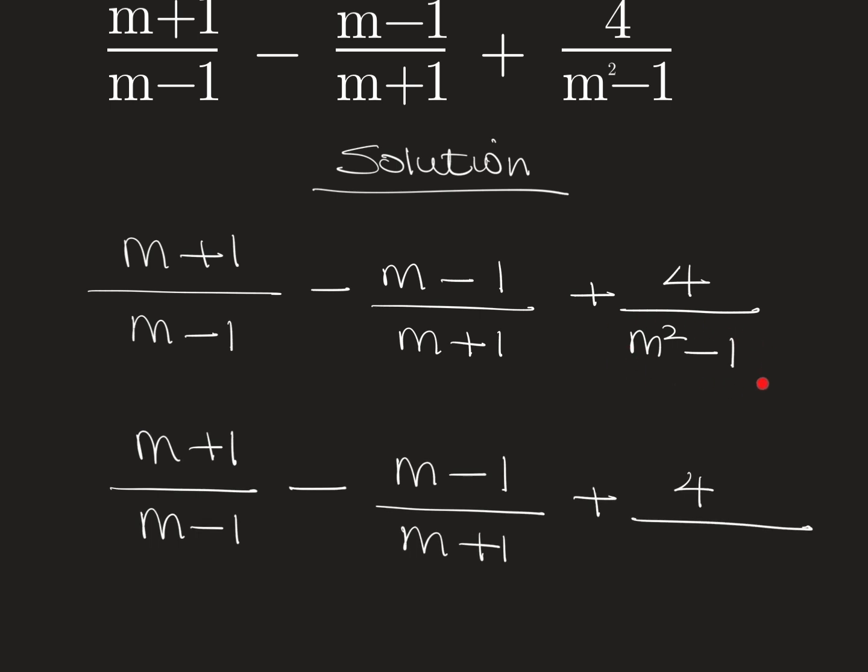So we've said that this can be seen as difference of two squares. So if we should apply that, we will have m minus 1 into m plus 1. So even if you expand this, you'll be able to have this again.